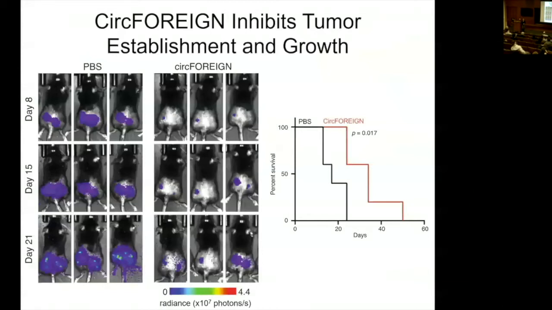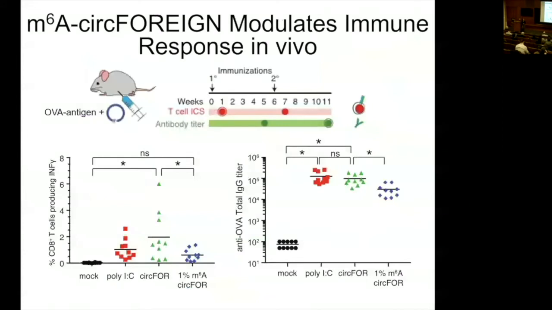So this is with unmodified CircFOREIGN, and we wondered, maybe there is some context where we want to be able to modulate and tune the level of immune response. And so we wondered, could we introduce M6A into our CircFOREIGN to change and adjust the level of induction?